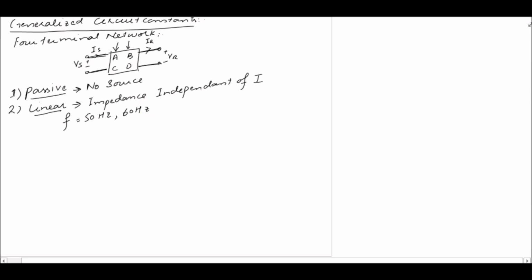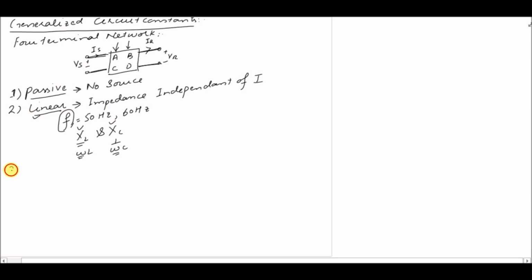So if frequency is the same, the XL and XC values are constant because frequency is not changing. XL is omega L, and XC is 1 over omega C. If omega is not changing, then these values will be constant. So impedance is independent of current value, so it is linear.